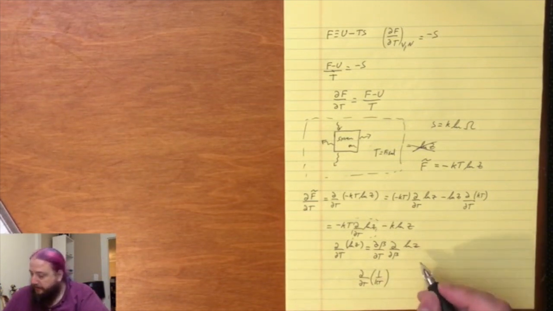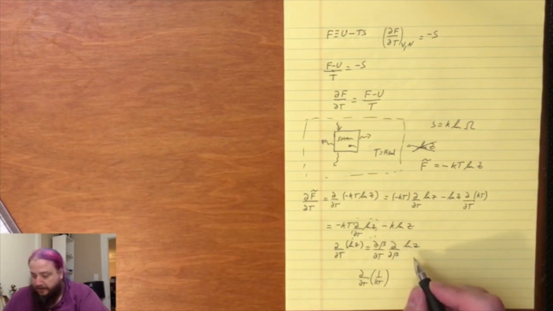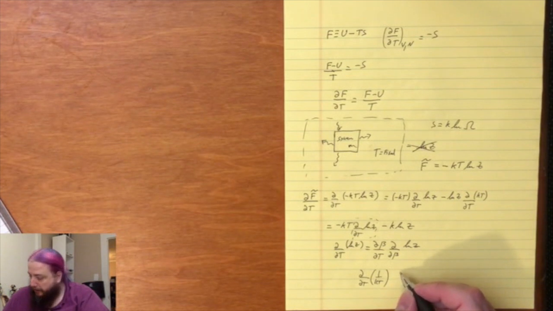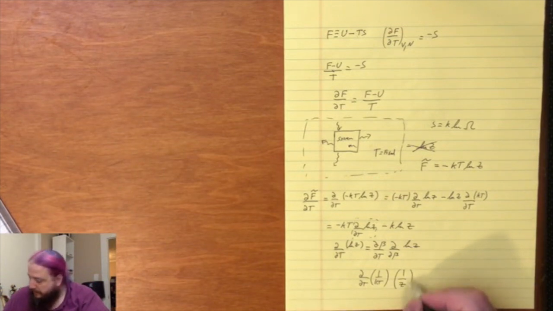And the second term, d by d beta of log z, well, that's going to be 1 over z times dz d beta.